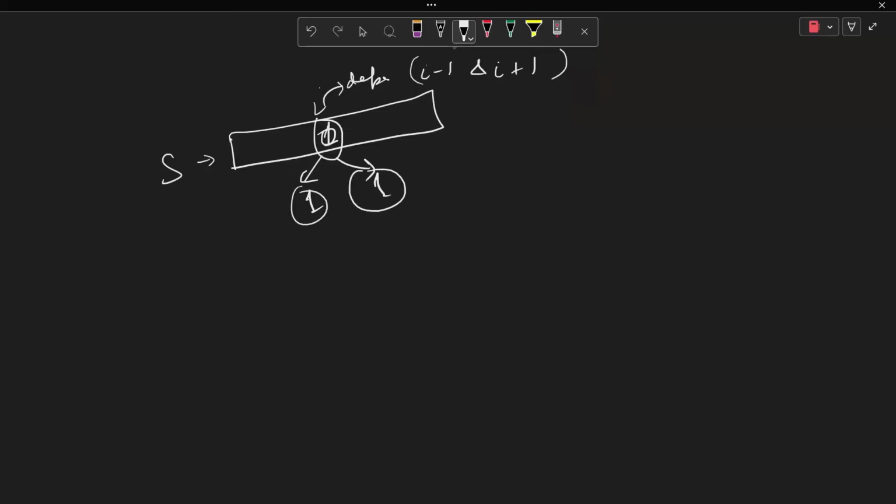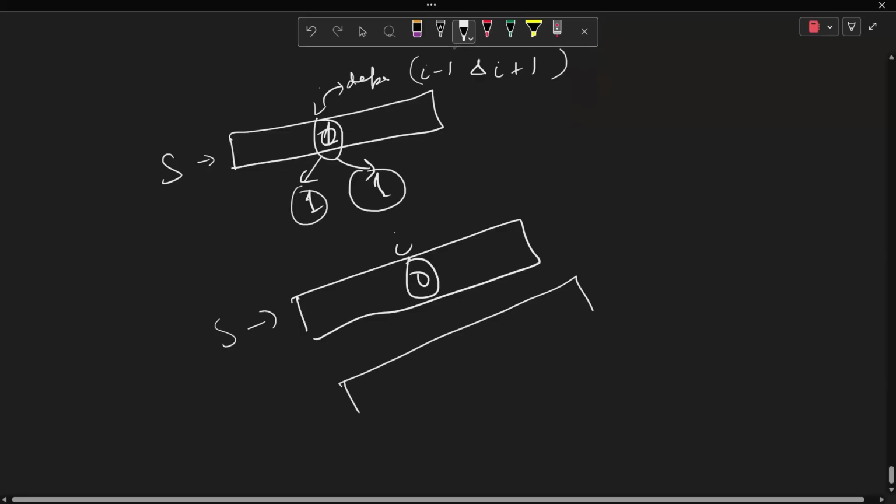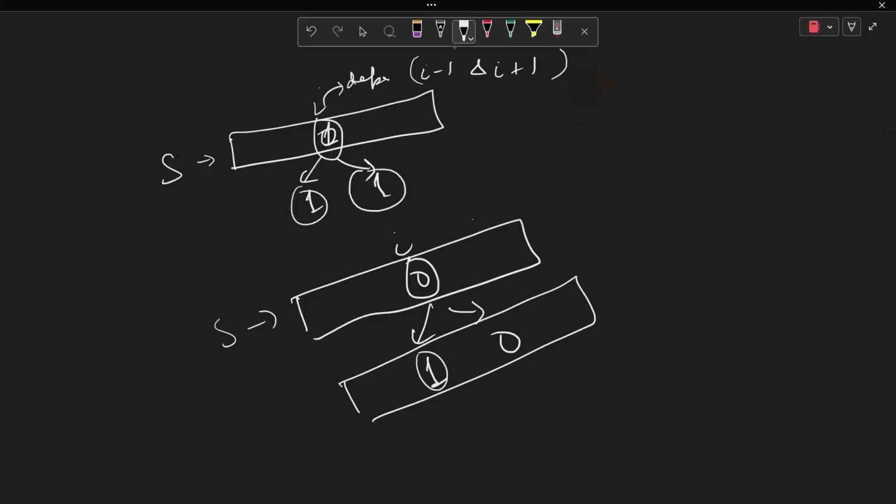We can store that. Or there could be a case that the ith index is a 0, and in T here you had a 1, but here you had a 0, but you had some I plus 2th index also 0. So these two 0 combined made this 1, and then these two ones made this as 1.